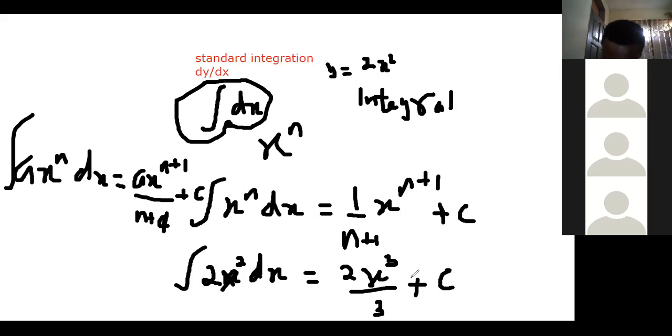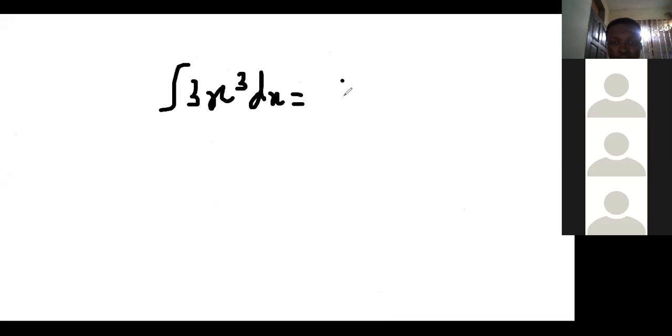So don't worry. If you have to integrate maybe 3x cubed dx, integrating this will be 3x to the 3 plus 1 all over 3 plus 1, plus c.